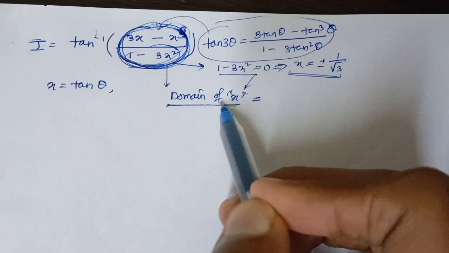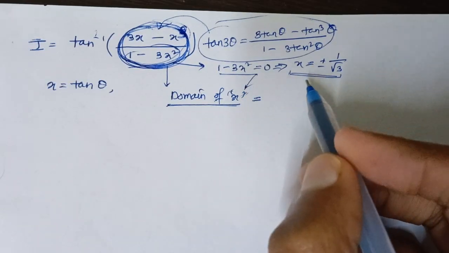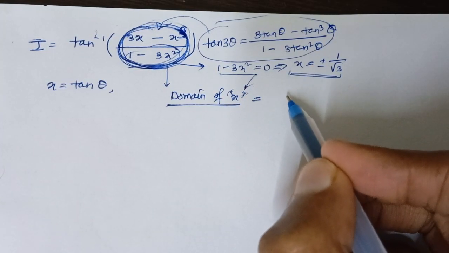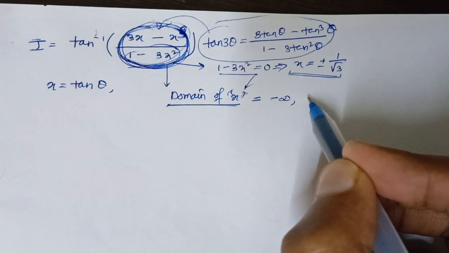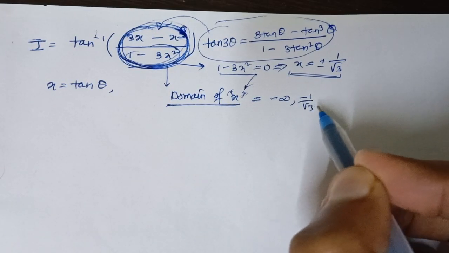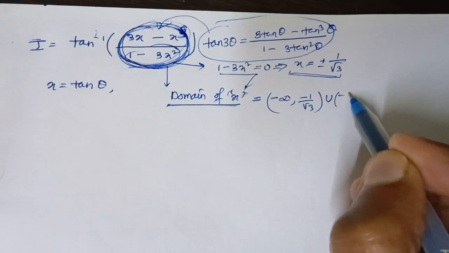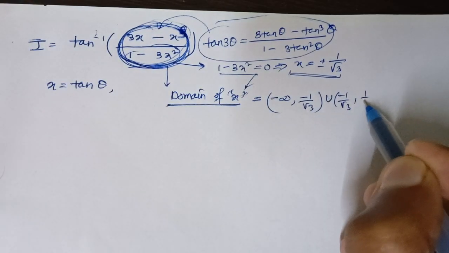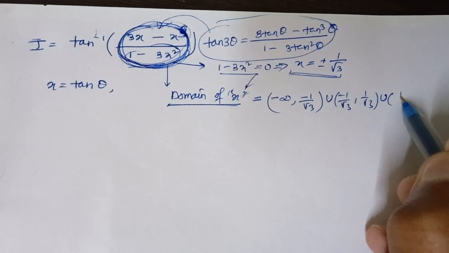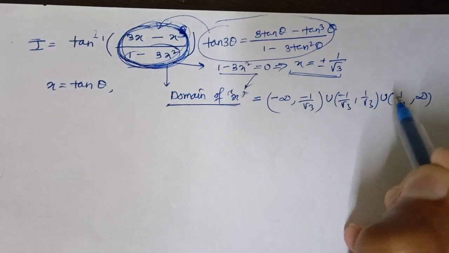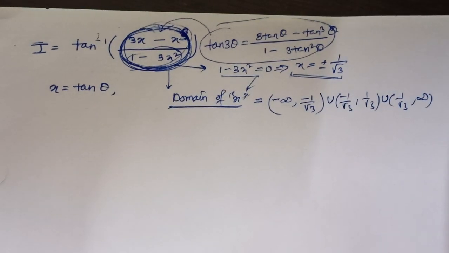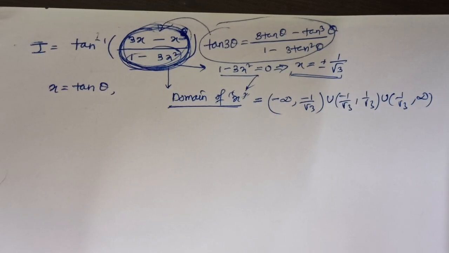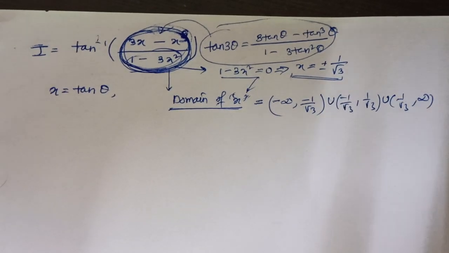The domain is going to be from negative infinity to negative 1 by root 3, union negative 1 by root 3 to 1 by root 3, union 1 by root 3 to infinity. So that is going to be the domain of this, right?